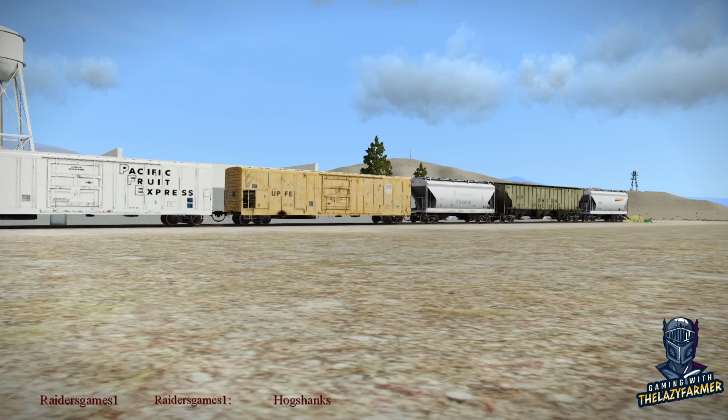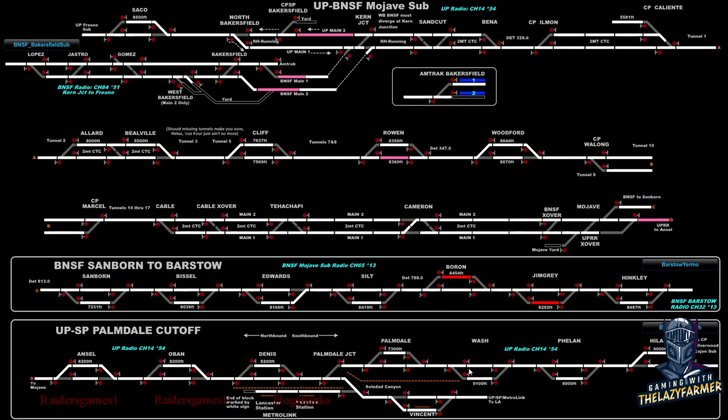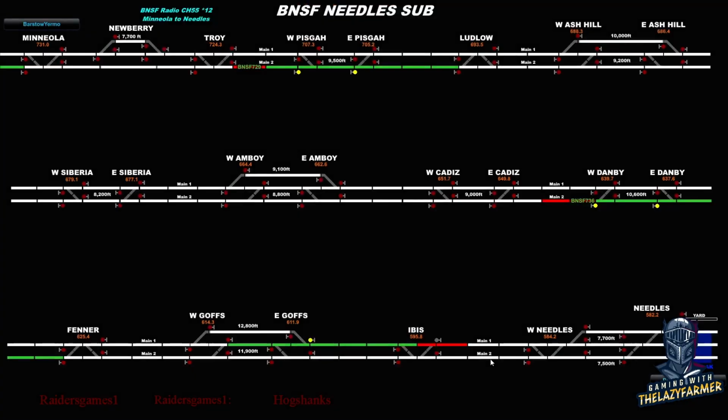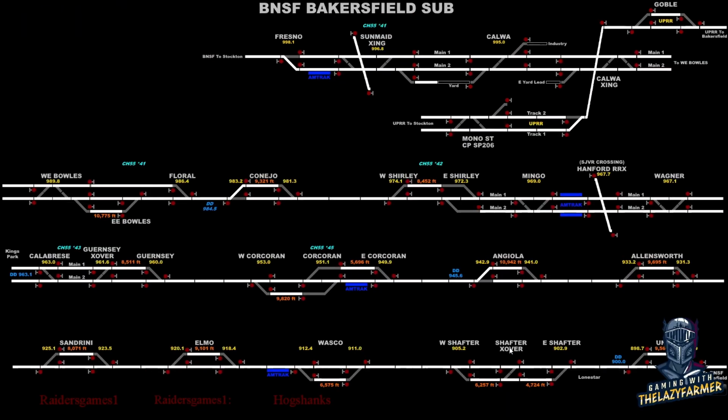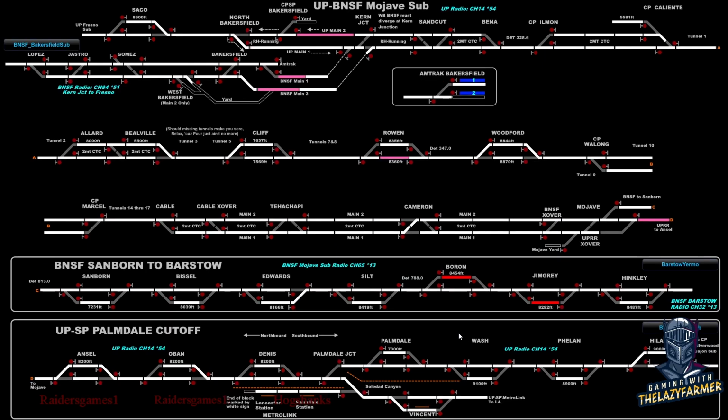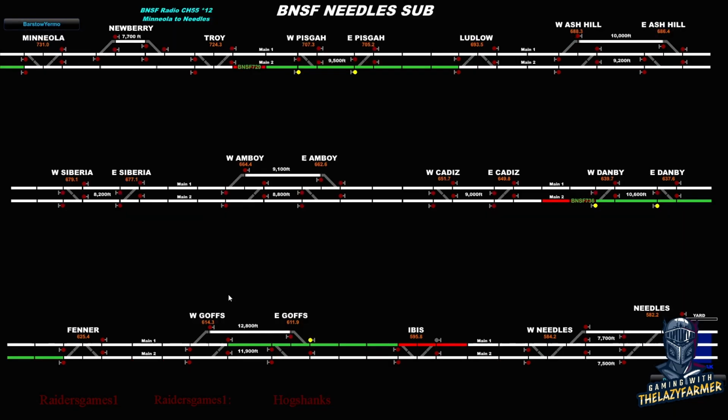To give you that kind of map overview, we're going to look at the dispatcher screen here. And where I'm at is not here. Let's see, where did I go? As I circle through, I was down in San Bernardino. Where'd it go? Oh, Palmdale. Nope. I need to go down here.